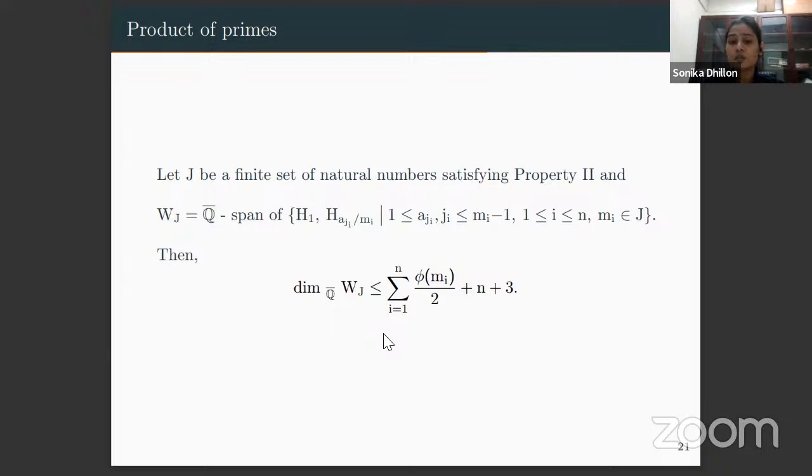If you take Wj to be the Q bar span of these numbers, then the dimension of this vector space will be bounded by phi of m by 2 plus n plus 3 here. So here we have found an upper bound. One can find a lower bound also here.